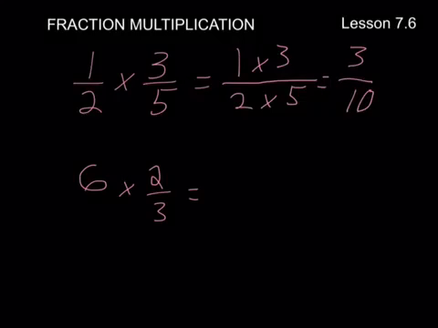Next we're going to multiply 6 whole by 2/3. To do this, we should recognize that any whole number can be written over 1, and we are going to multiply the numerators, 6 times 2, over the denominators, 1 times 3.